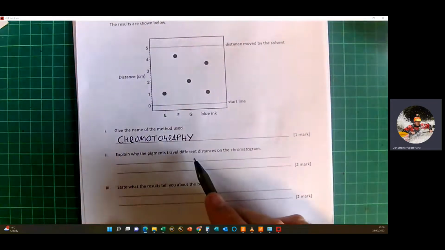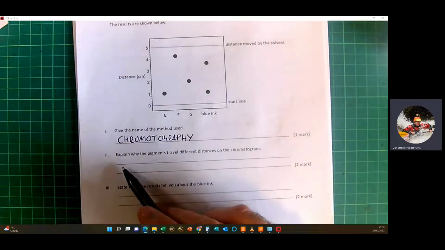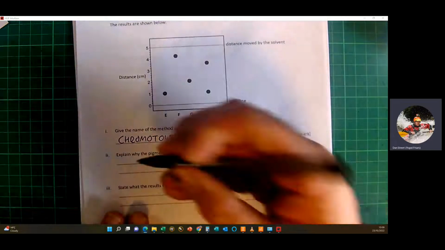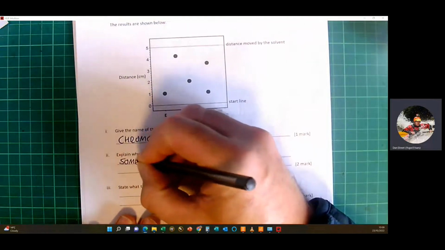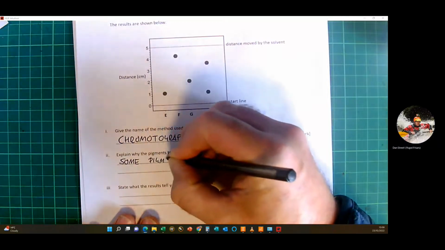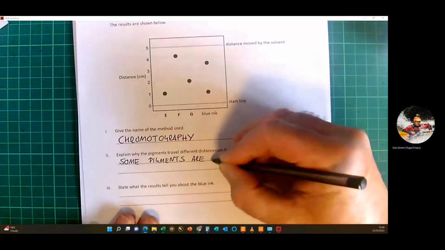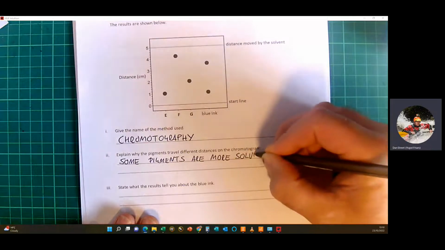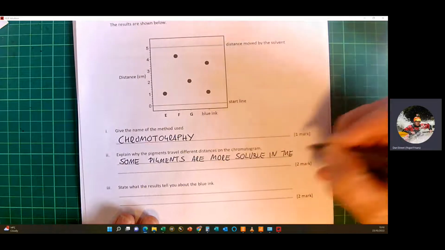Explain why pigments travel different distances on the chromatogram. Now, this wasn't answered as well as it might have been. Okay, so the reason is that some pigments are more soluble. The key word there is soluble in the solvent, which in this case is acetone.